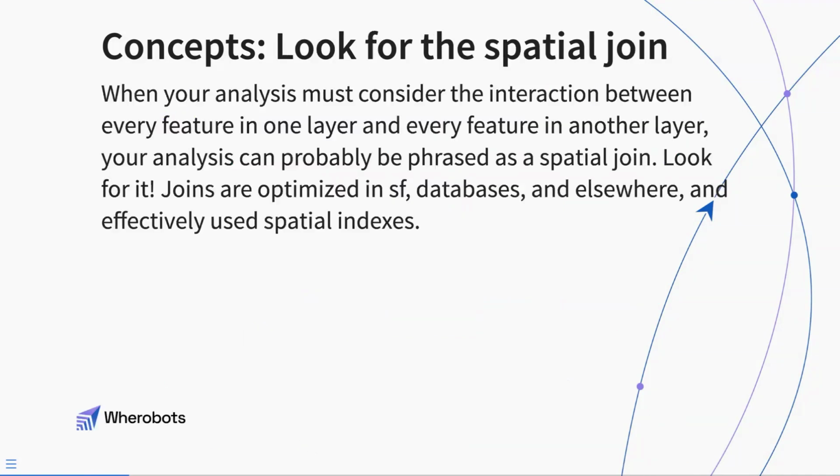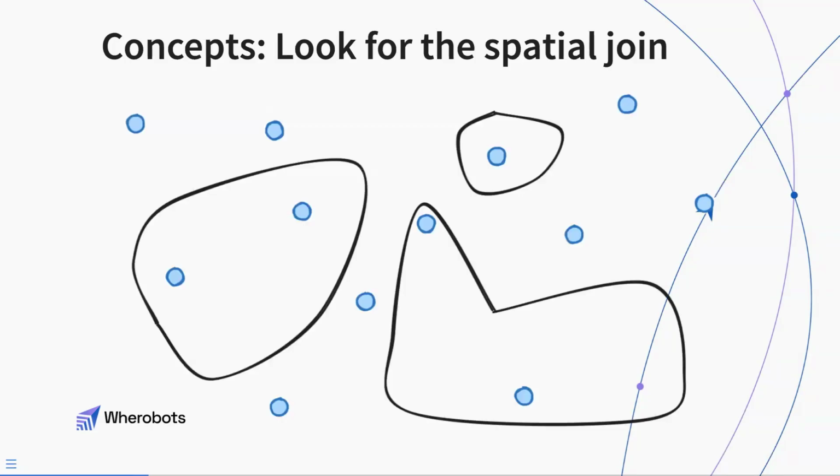Another thing that will show up throughout this talk is looking for the spatial join. Spatial joins, much like regular joins, are when you have two different tables, and you're looking for the interaction between them.